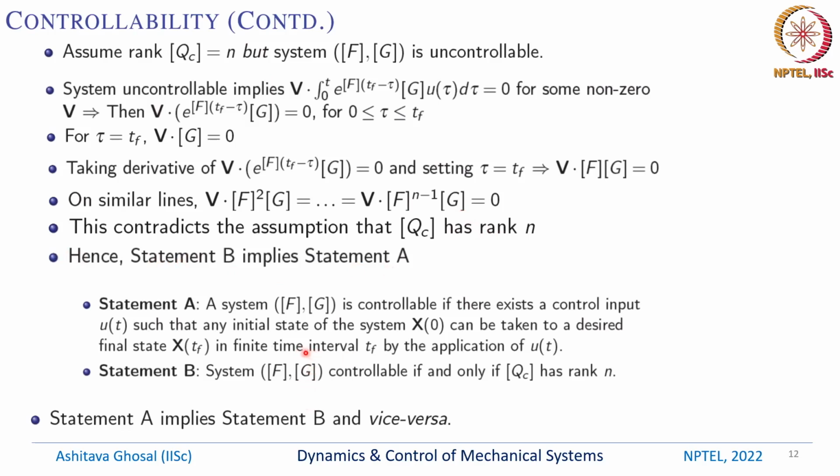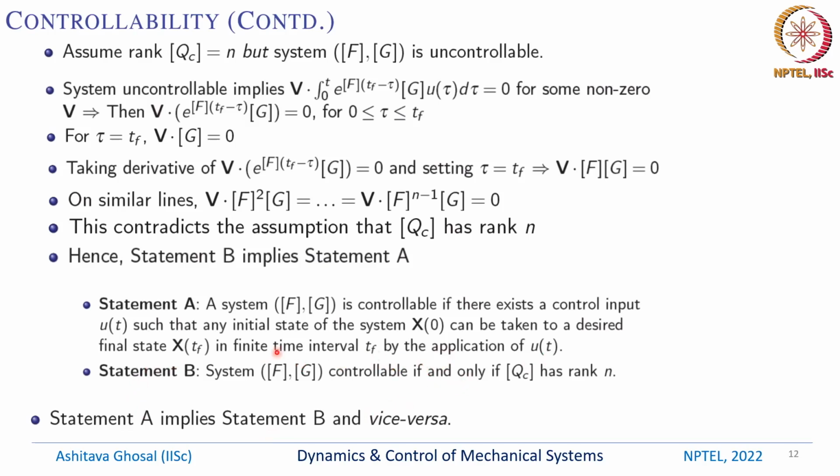So again, what was statement A? That was the very basic definition of controllability. A system f comma g is controllable if there exists a control input u such that any initial state of the system x0 can be taken to a desired final x of tf, in finite time interval tf, by the application of u of t.